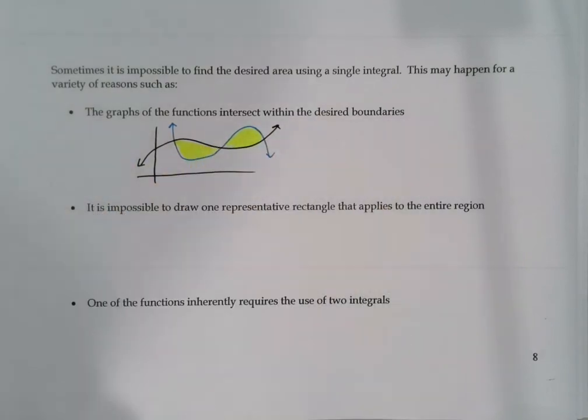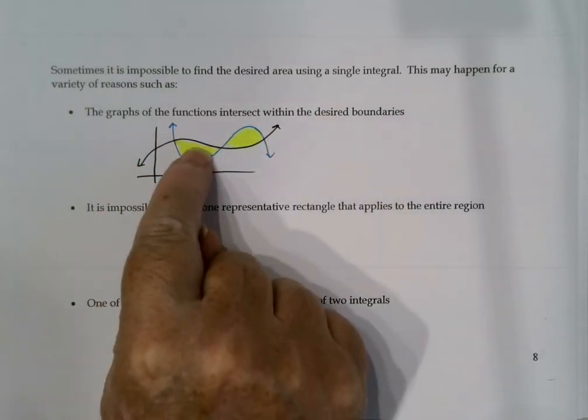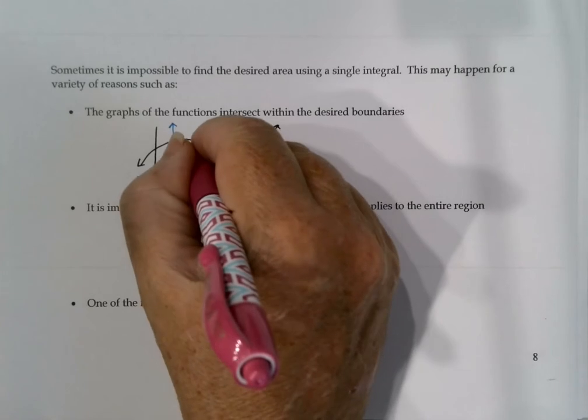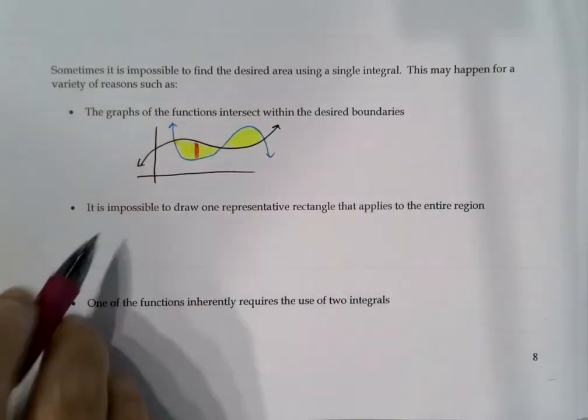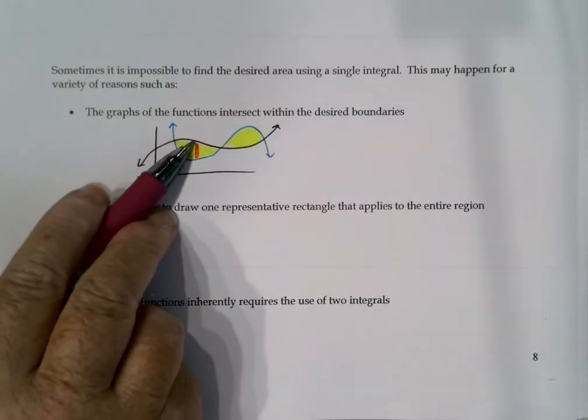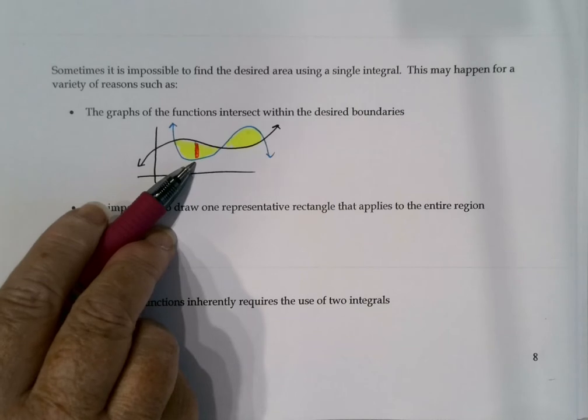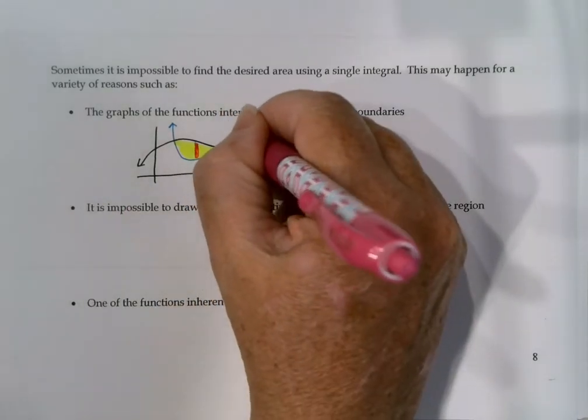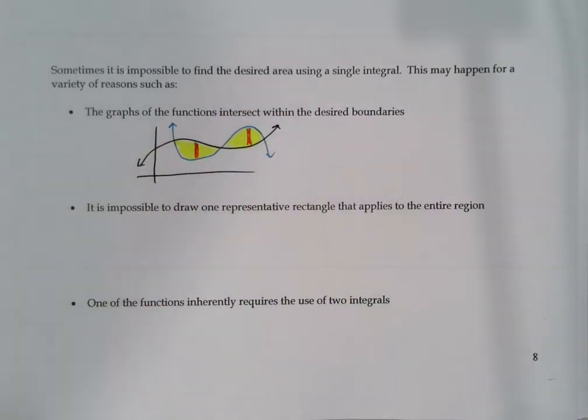And the problem here is going to be that thinking vertical rectangles, right? Top minus bottom on this side would be the black curve minus blue curve, but top minus bottom on this side would be blue minus black. So we'd have to set that up as two separate integrals.